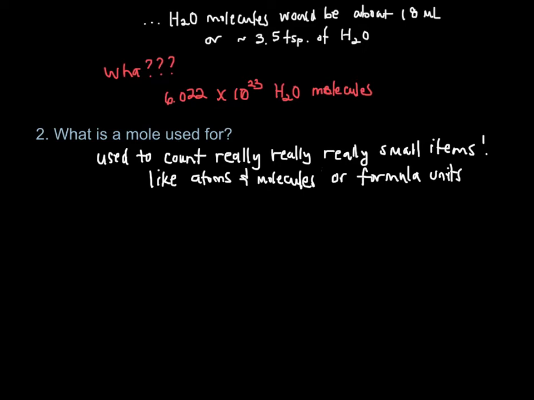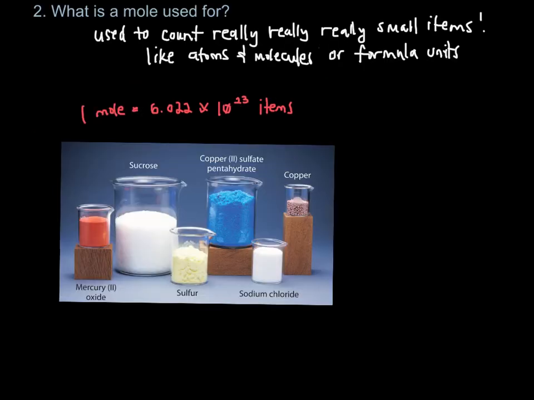So let me show you a mole of a bunch of different things. Here I have a picture of a mole of a whole bunch of things. In each of these containers is a mole of whatever it says it has. So this is a mole, or 6.022 times 10 to the 23rd mercury(II) oxide formula units. And this is a mole, or 6.022 times 10 to the 23rd sucrose molecules.